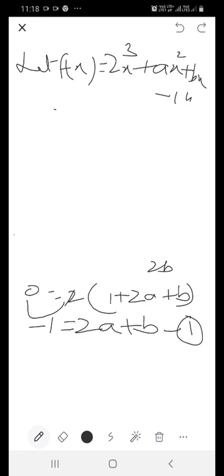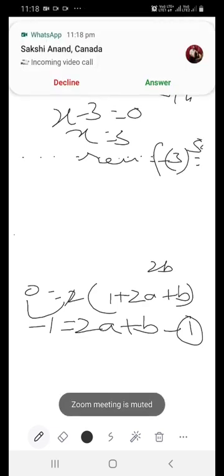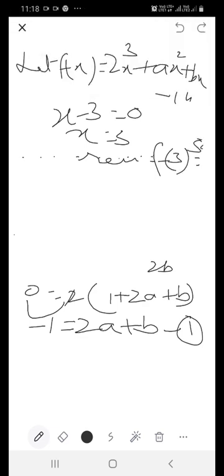Now you put x minus 3 is equal to 0, x is equal to 3. Then by remainder theorem, when f(x) is divided by this, the remainder is equal to f(3), which is equal to 52, given in the question.